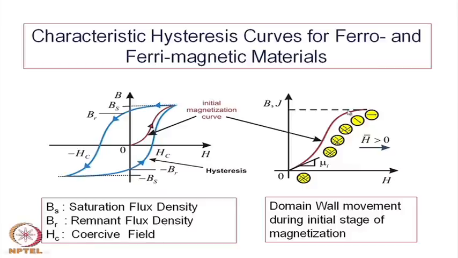So, at the end the saturation magnetization or saturation polarization corresponds to a kind of single domain with the orientation of the magnetic moment parallel with the magnetic field. So, that is how the microstructure changes from a large number of domains, then one or few domains grow at the expense of the others, and finally we have only a kind of single domain.